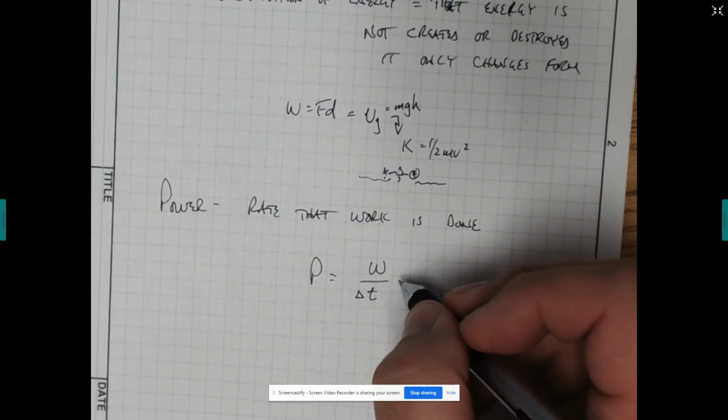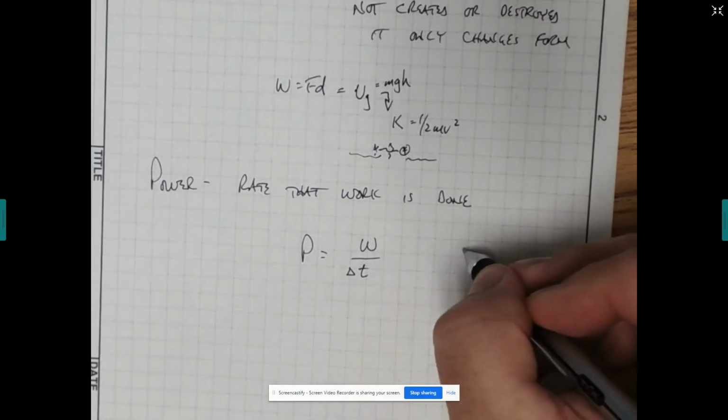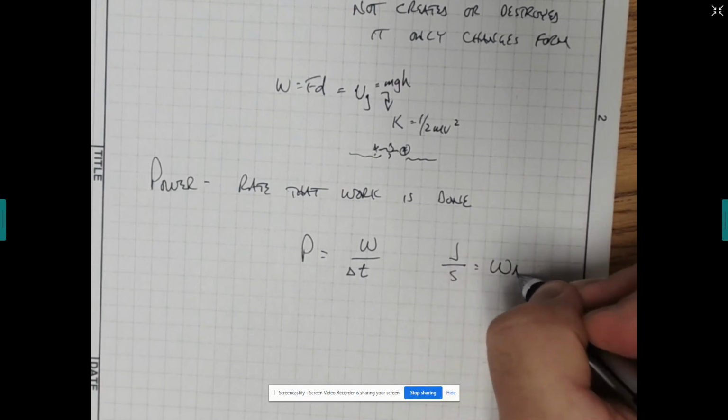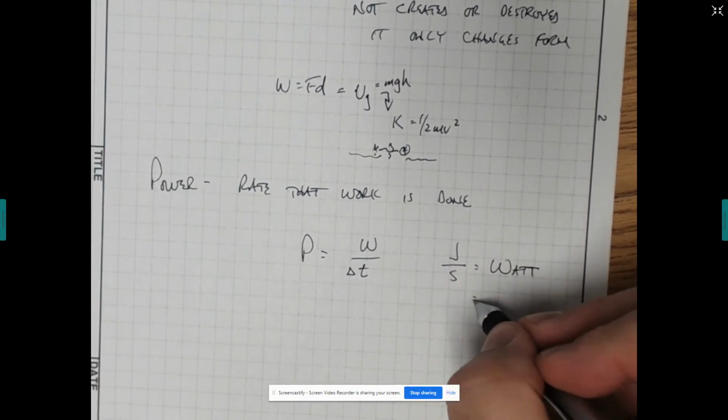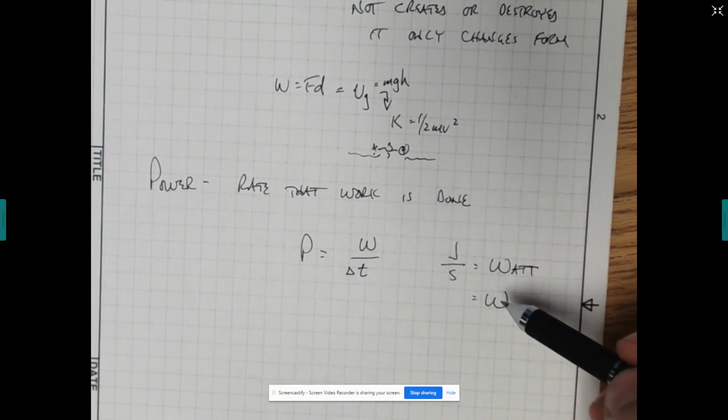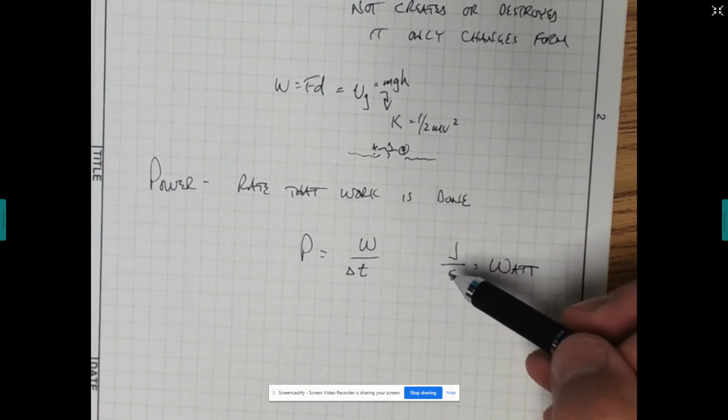Okay? If we do this, the unit for power, work, remember it was in joules typically, and time is in seconds. We now call this a watt, which is the same as a capital W. So you got to be careful because work is a W, watt is a W. We start to get these units and these variables that look the same.